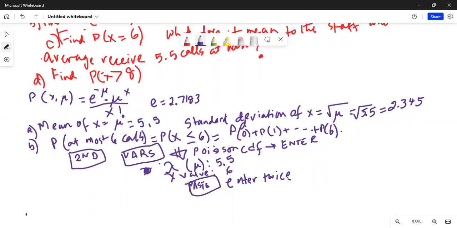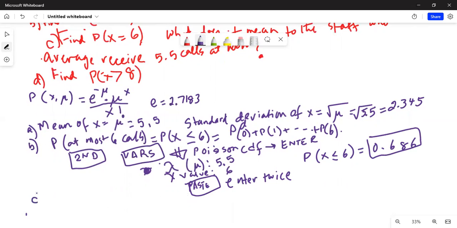Whenever you are on paste, you have to hit enter twice. Okay, and the answer for P of x less than or equal to 6 is equal to 0.686. So that's part B.